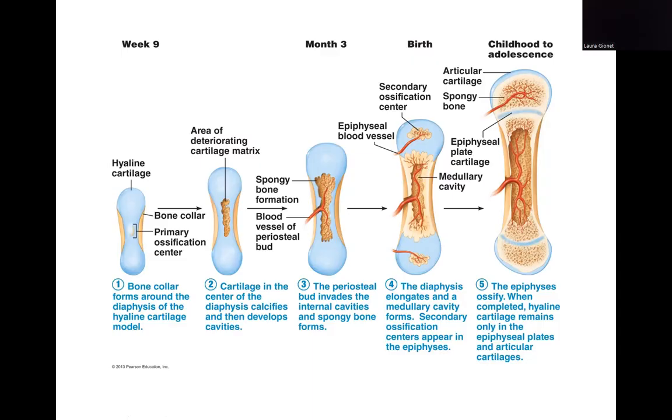But they get their oxygen and nutrients by diffusion from the fluids that are found outside of it. Right? So as this mass of cartilage gets larger and larger, you have to picture that to feed the cells in the center, you have this longer diffusional pathway.